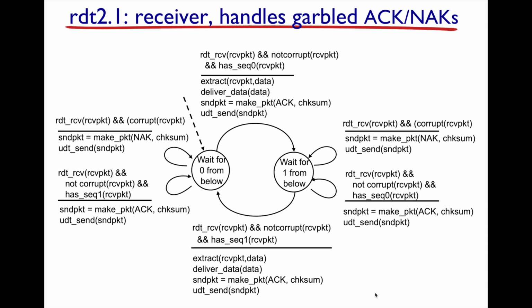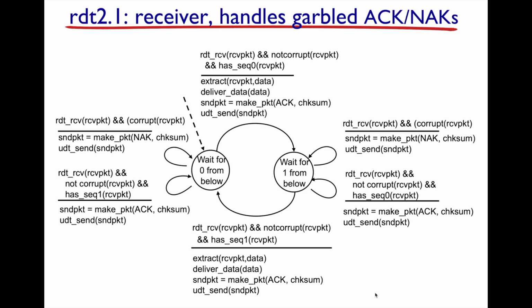So let's unpack this and actually try it out. So you start out, you're waiting for 0 from below. Somebody calls socket send, and you construct your packet, the RDT receive event occurs, and you get this packet. You calculate your checksum, and you compare the calculated checksum with the sent checksum, and let's say they match one another, meaning it's not corrupt.